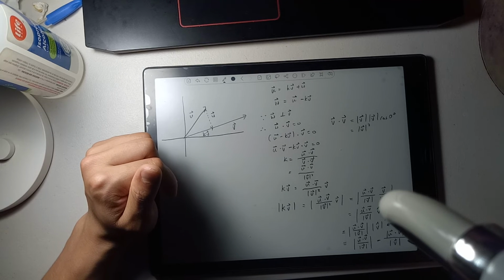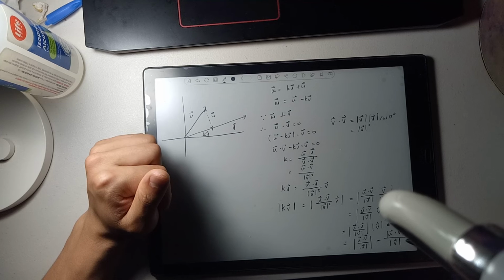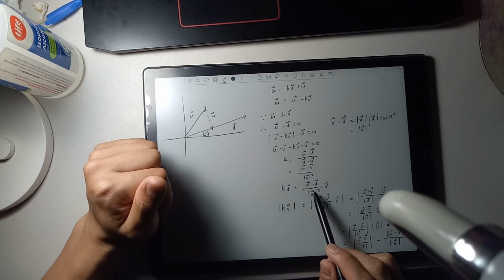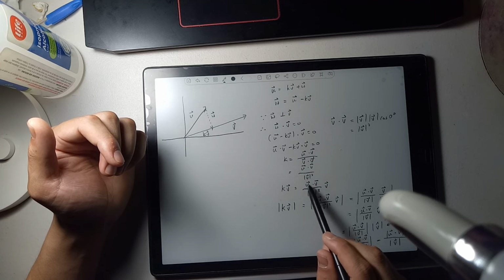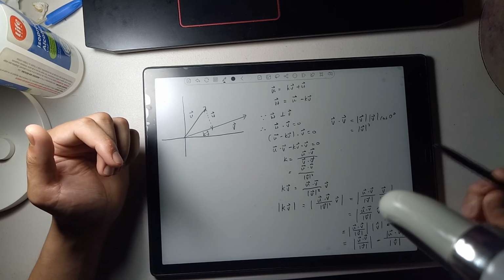So this is the magnitude of the projection of u onto v, and you can see that finding this is much easier than finding the magnitude of this vector here.